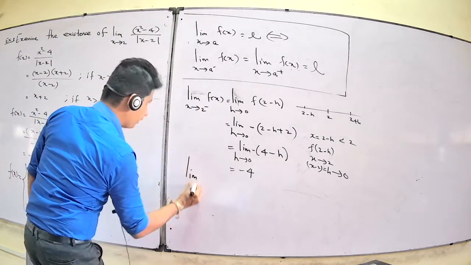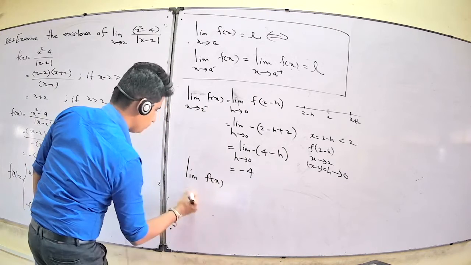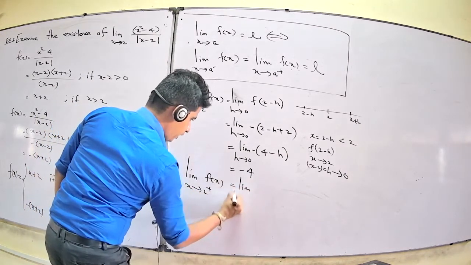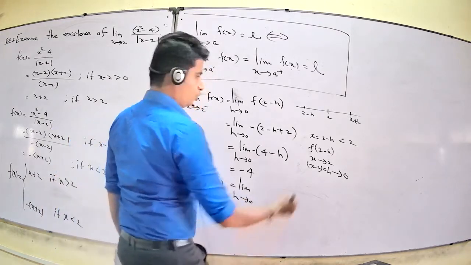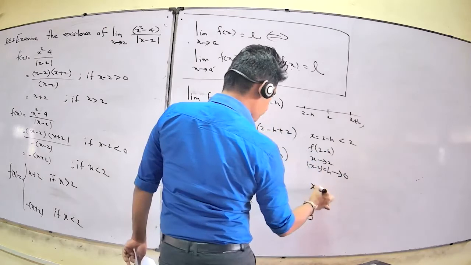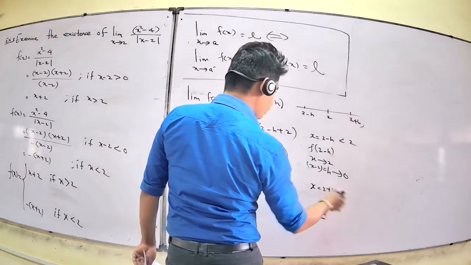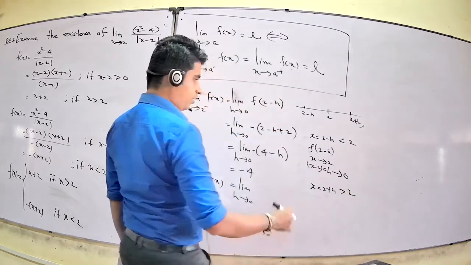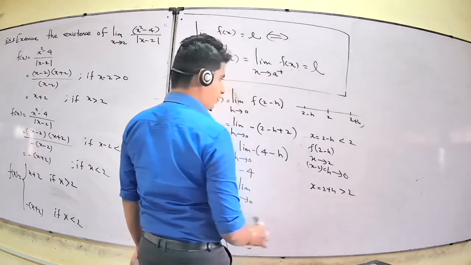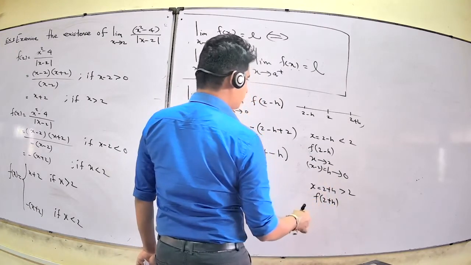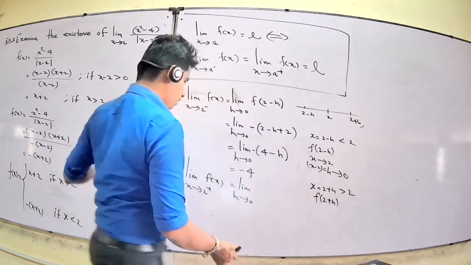Now we find the right limit. Limit as h tends to 0. Here, you take x equal to 2 plus h. Suppose x equal to 2 plus h means h is positive, 2 plus h is also positive, it's greater than 2. It is greater than 2, right? Okay, therefore, f of 2 plus h, what is the value? You want to find f of 2 plus h, because h tends to 0.